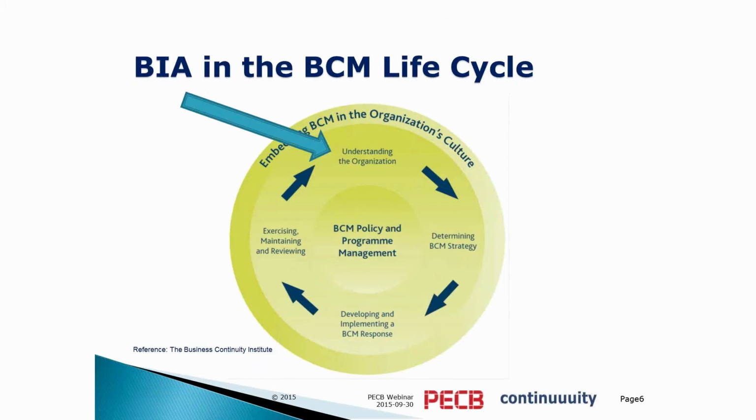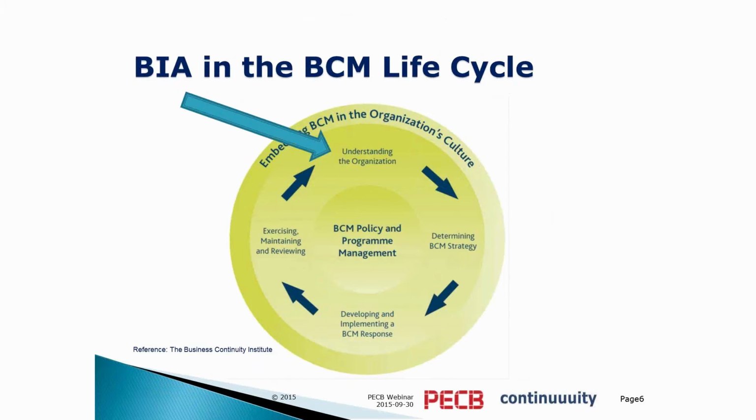At the 9 o'clock position, we have exercising, maintaining, and reviewing. That's where we test everything which we already have put into use. In the BIA phase and the strategy phase at 12 and 3 o'clock, we just produce paper. In the 6 o'clock phase, implementing response, we build systems, we train people, we set teams together, but unless we do exercising, maintaining and reviewing, we don't know if all what we have implemented really works.